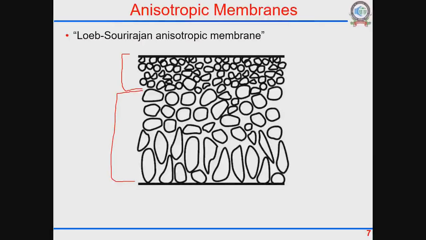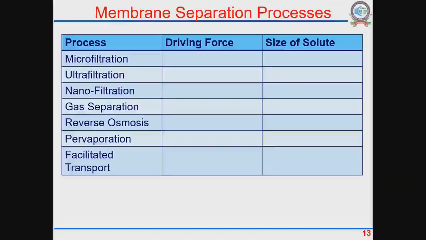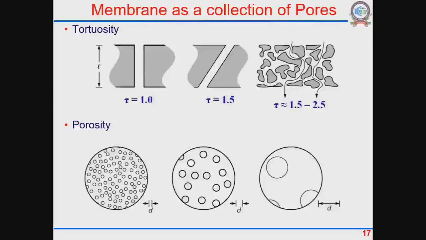And now you can see that the entire resistance for transfer of solvent is controlled by this region, the narrow, small pore size region, or the thin region near the top, and therefore the overall permeance of the membrane can be higher. Let's just go back to what we were doing.